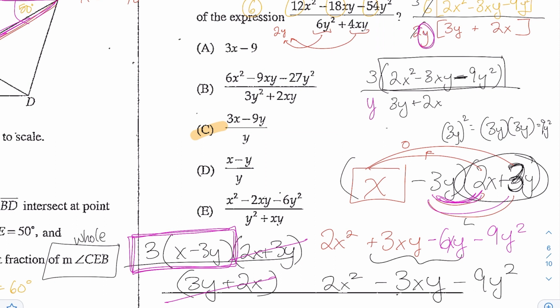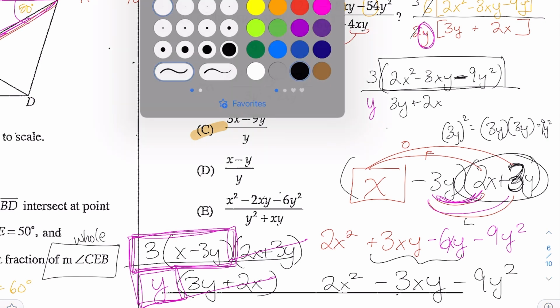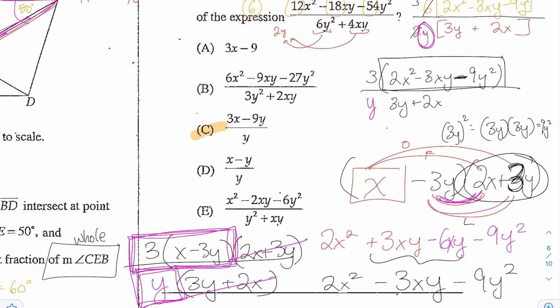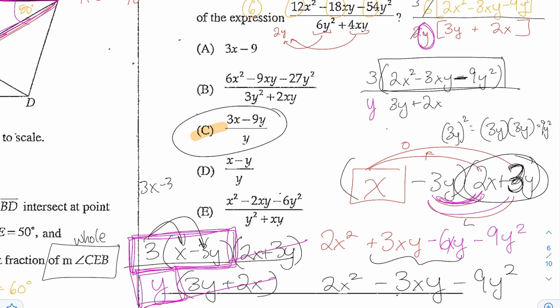Forgot about that y there. So it'll be 3x minus 3y divided by y. And here you don't see that as any of the answer choices, but if you distribute the 3, you'll have choice C, which is 3x minus 3y, minus 9y, all over y.